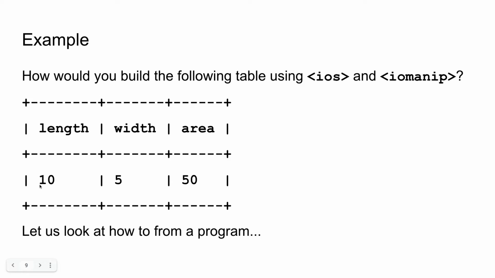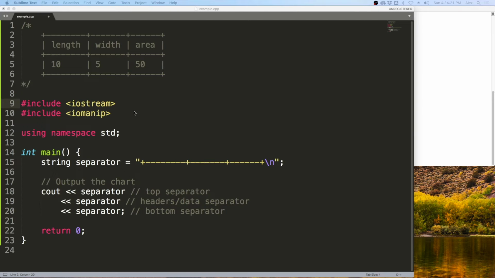And then you output this 10, which only takes up 2 characters, and you want to justify it to the left, so you use the left output manipulator with that. This may not make so much sense right now, but it will make a little more sense in a second. Let us see what this looks like from a program.